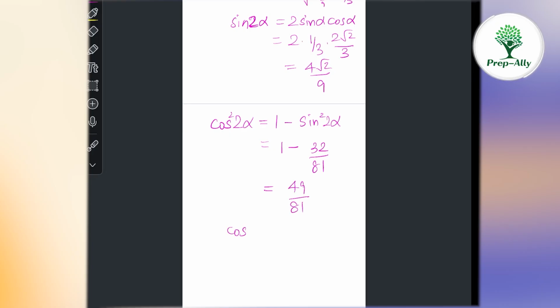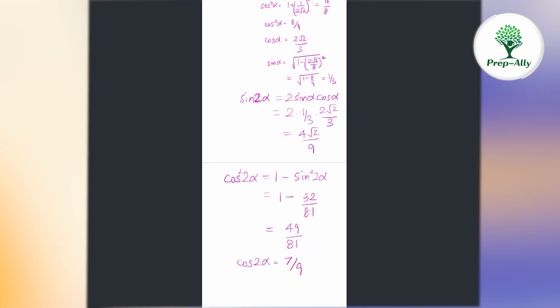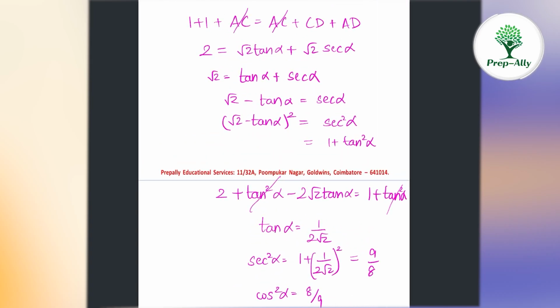So cos 2 alpha equals 7 by 9. So the answer to this question here is option C, 7 by 9.